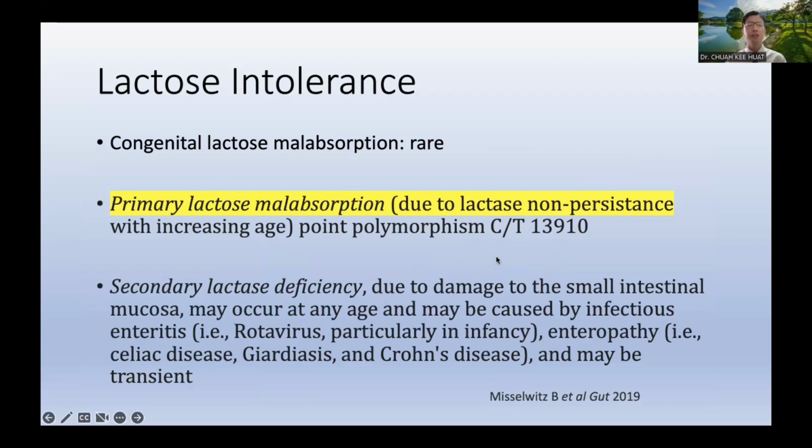Secondary lactase deficiency is usually transient, whereby there's damage to the small intestinal mucosa. For example, infection like rotavirus in infancy, enteropathy like celiac disease, giardiasis, and Crohn's disease.